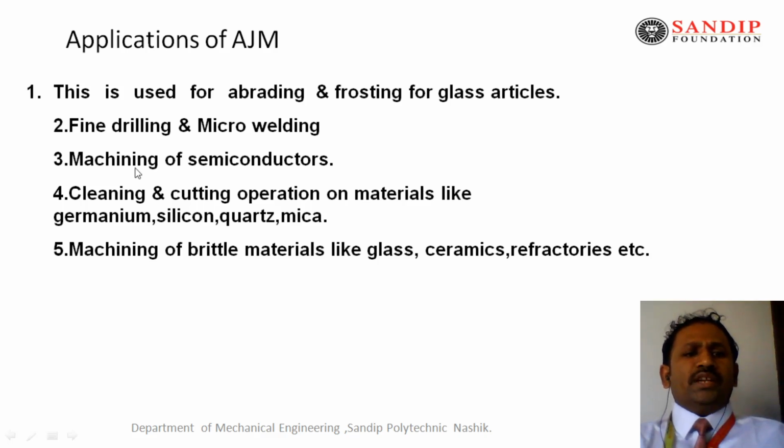Then machining of semiconductors. Already known that the word is related to electrical. So machining of semiconductors requires abrasive jet machining. Then cleaning and cutting operations on materials like germanium, silicon, quartz and mica. For cleaning of those materials the abrasive jet machining process is used.